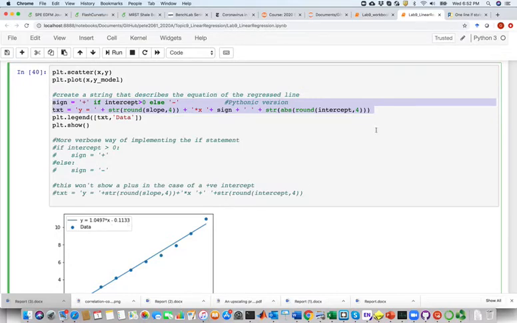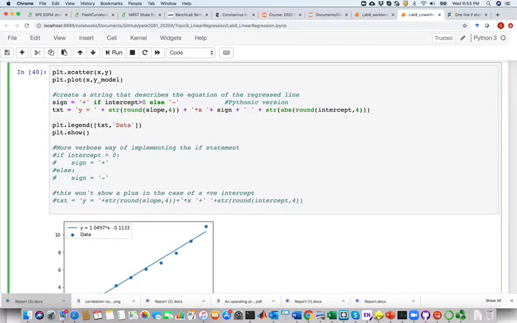And how does that work? Let's start from the left hand side. So y equals, that's what this is, right? Y equals. Plus for a string is concatenation, right? Which means put it right next to this.